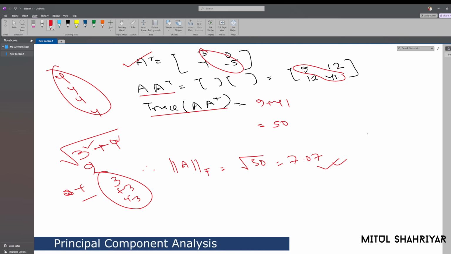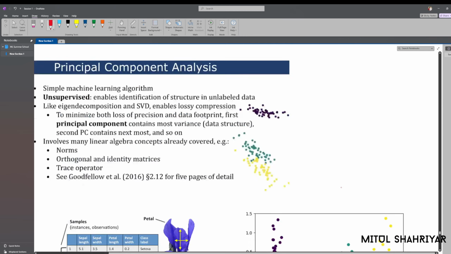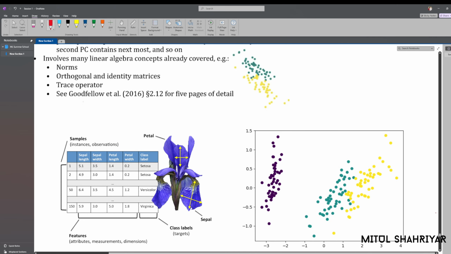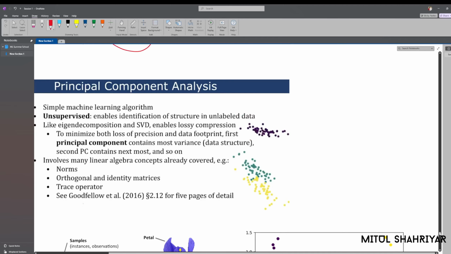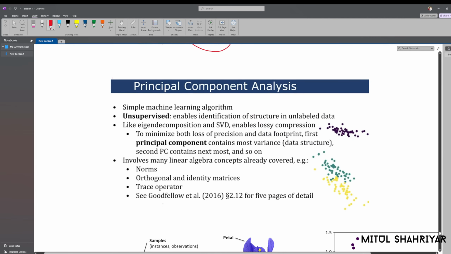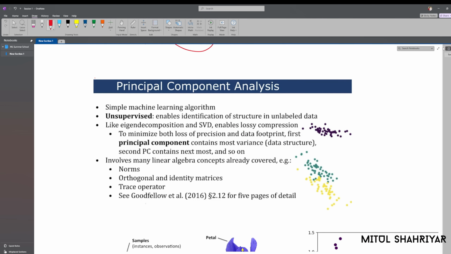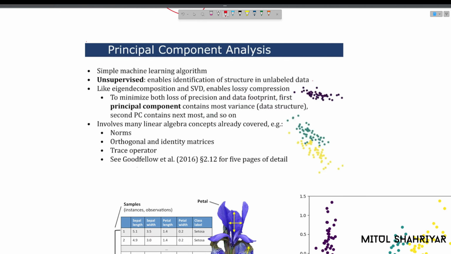Now let's look at the final one, which is very interesting. I will not actually be showing the maths behind PCA. Even when I'm working with quantum computing, I do use PCA, principal component analysis.